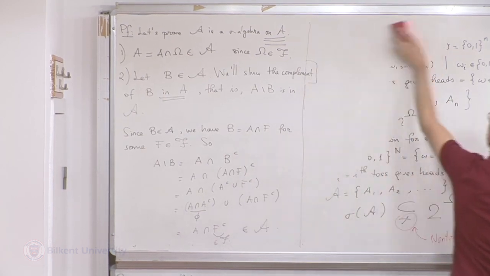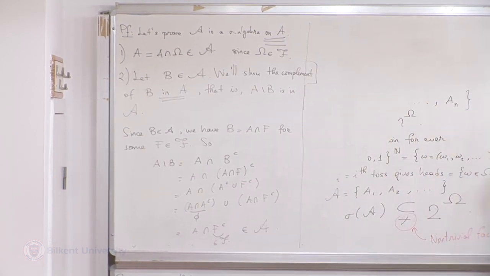And the last property we should check is closure under countable unions.